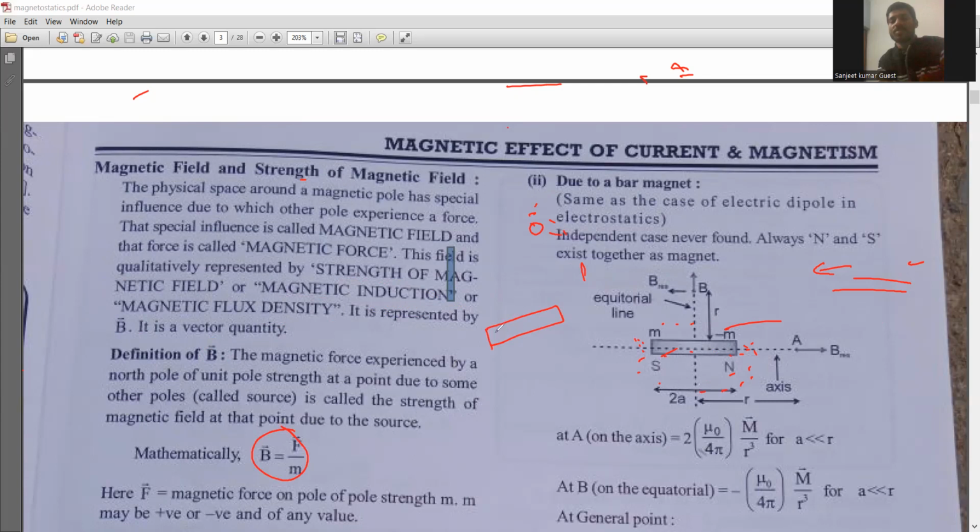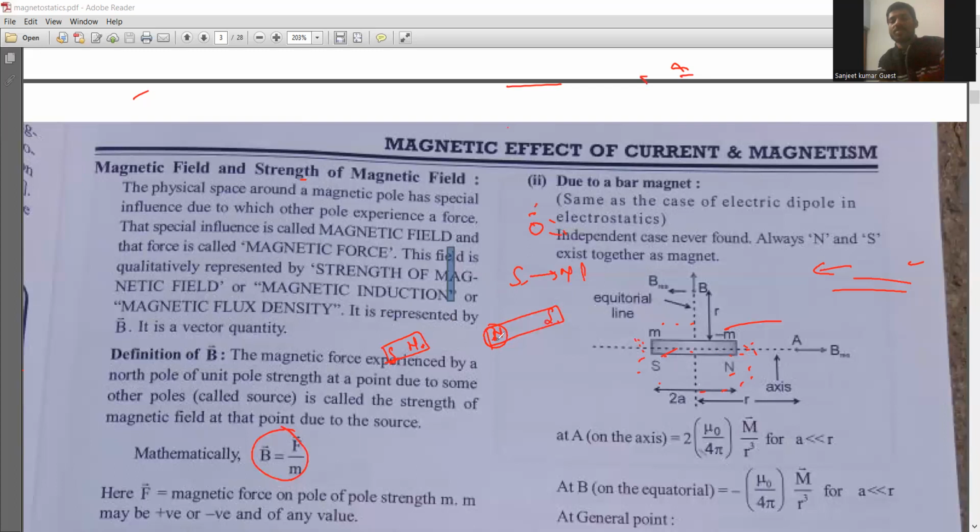The thing is, suppose this is north and this is south, and there is another magnet, south and north. This north pole will feel force because of this. We know south and north attract and north and north repel. We discussed this in the last class.